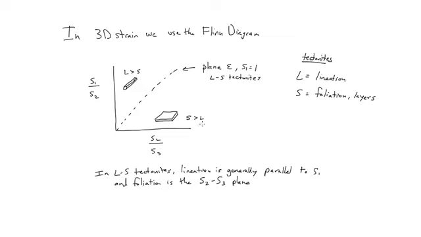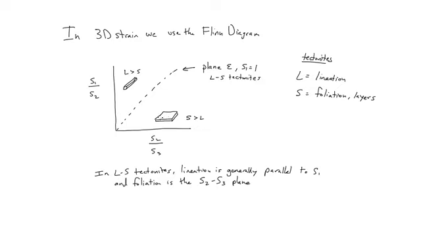Okay, so this is just to point out a subtlety: if we find linear features or planar features in a rock, they don't necessarily exactly correspond to the theoretical orientation.